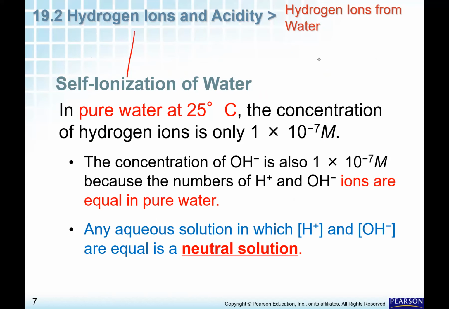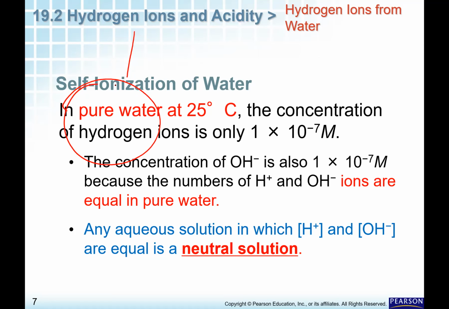And they also found that the concentration of the hydroxide ion is equal to 10 to the minus 7 molar as well. So they are equal, and that is whenever we have pure water at 25 degrees C. That is very important, because if we have impure water, then the concentration is not going to be 1 times 10 to the minus 7 molar anymore.